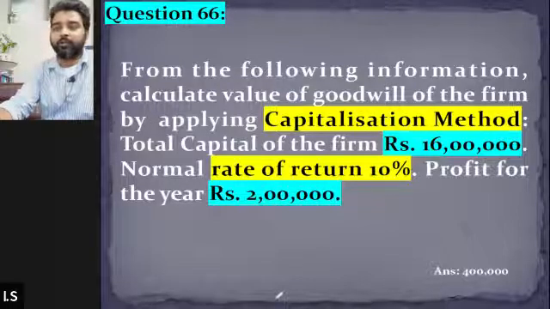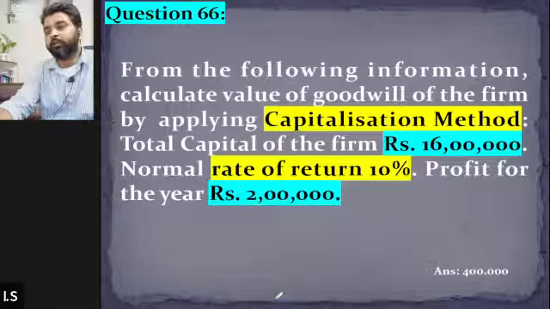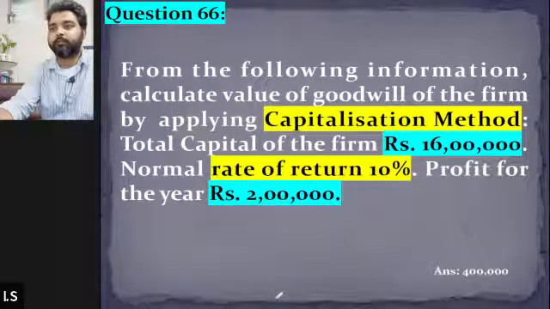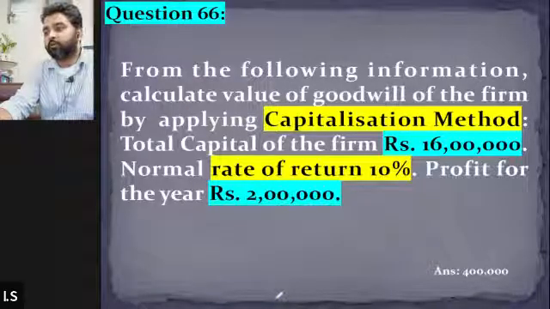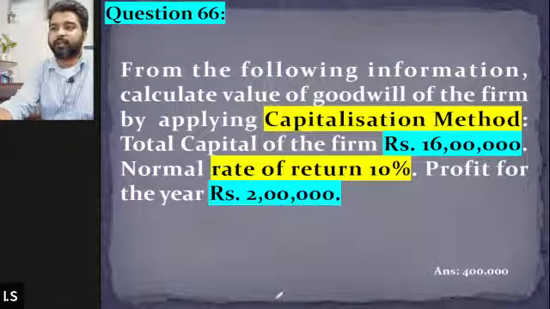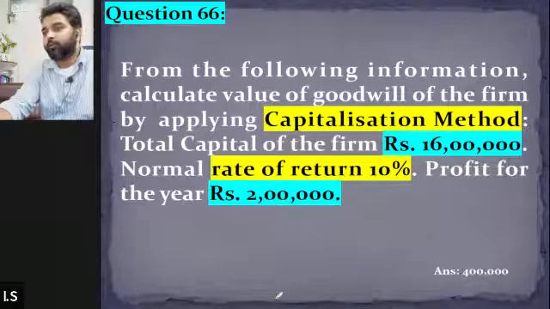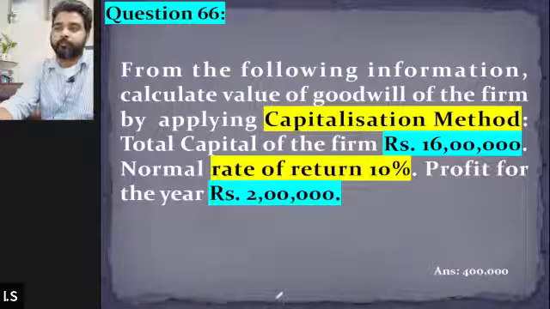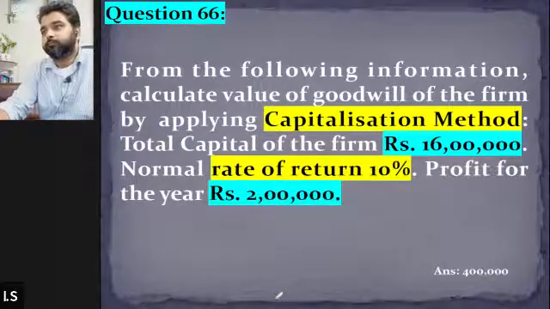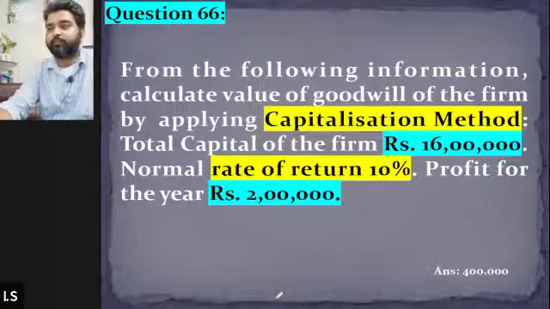We already found the value of the goodwill by the capitalization of the super profit method, but in the last session we made a mistake while calculating it by the capitalization of the average profit method. So I want all of you to do it now. Try to find out the value of the goodwill using the capitalization of the average profit.